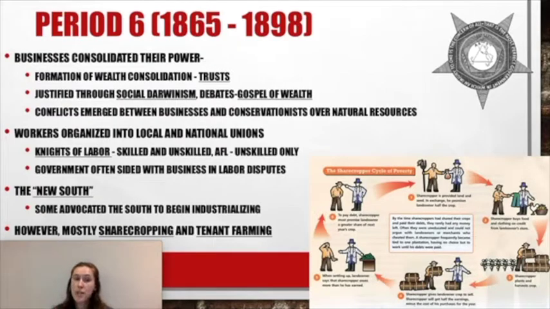It should be their job in our community to use their vast resources and vast wealth to take care of the less fortunate. Now, if this sounds to you like socialism, that's because it is, right? It's one of the first arguments for socialism that we see within the United States. But this Gospel of Wealth and the social Darwinism is really going to be a debate at this time.